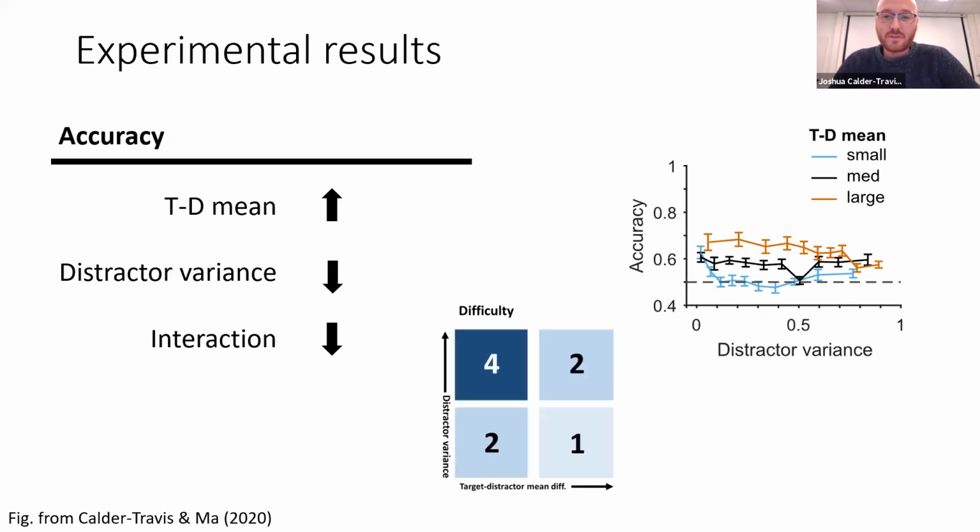The interaction was such that at high target to distractor mean difference, so when the mean of the distractors is very far from the target, distractor variance was actually more harmful to performance than when the distractor mean was similar to the target, which is inconsistent with the pattern that Duncan and Humphreys would predict.